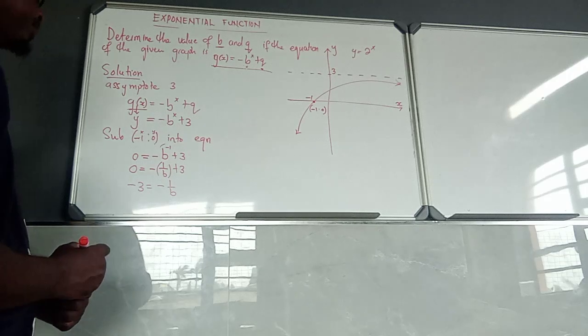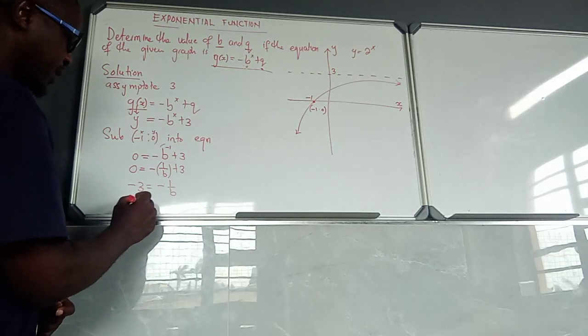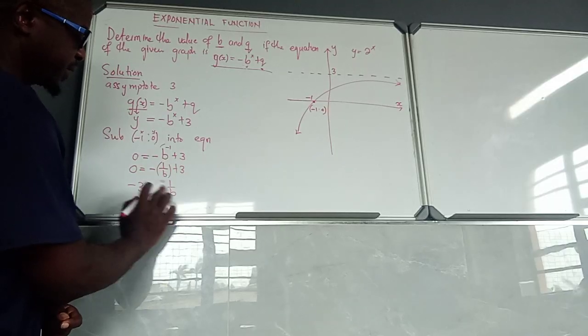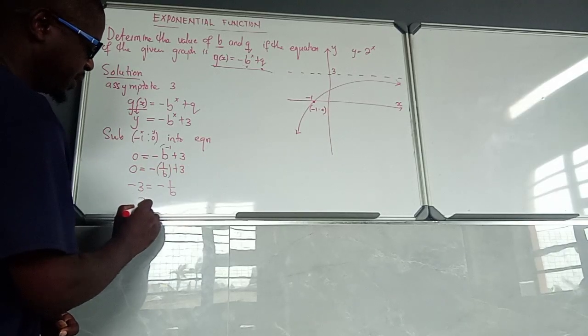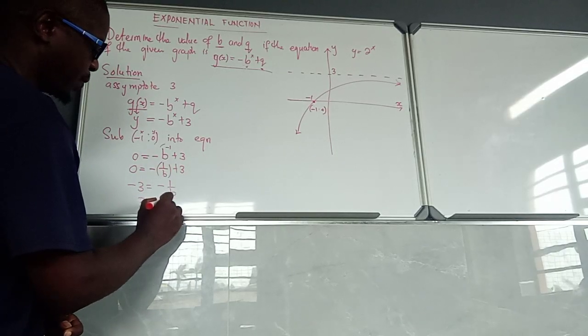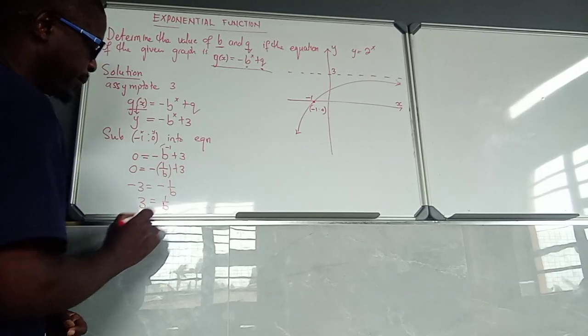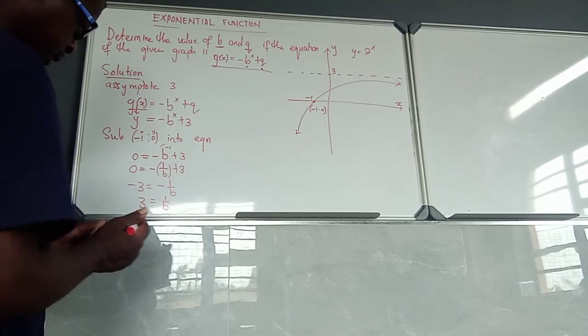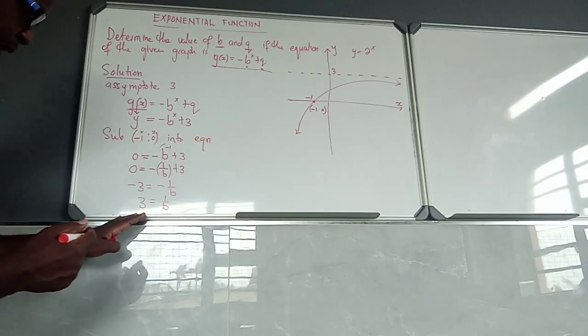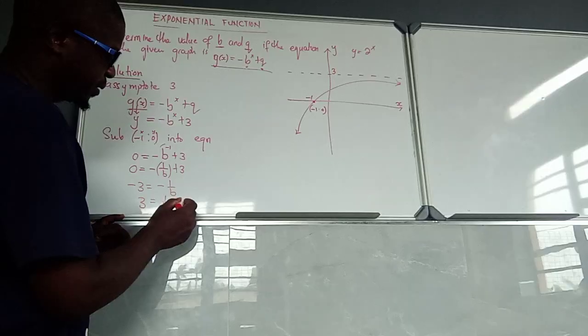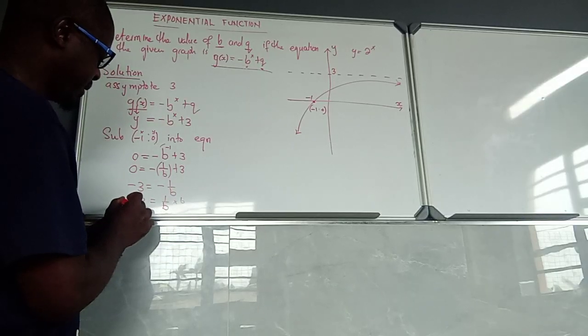At this stage, there's a negative on both sides. It means that 3 is equal to 1 over b. Now, how do I make b the subject of the formula? I can multiply by b here, and multiply by b here.